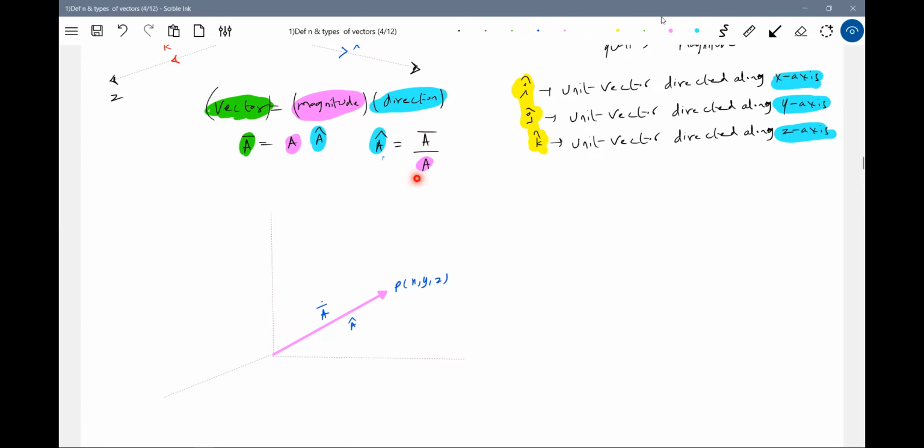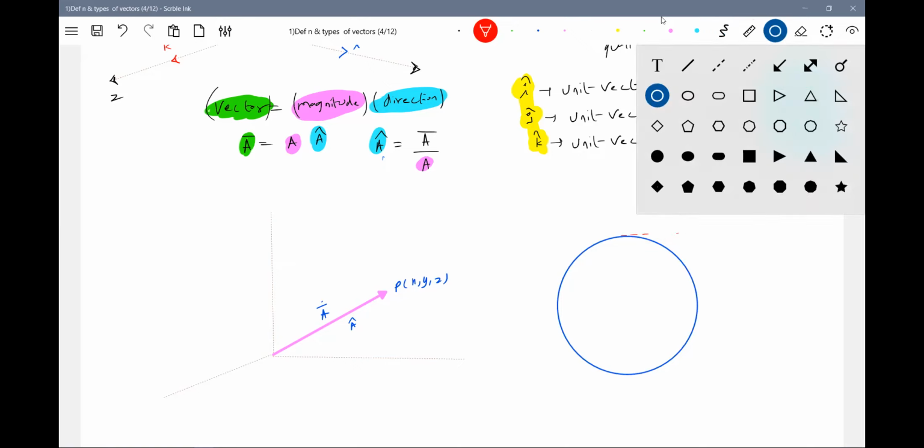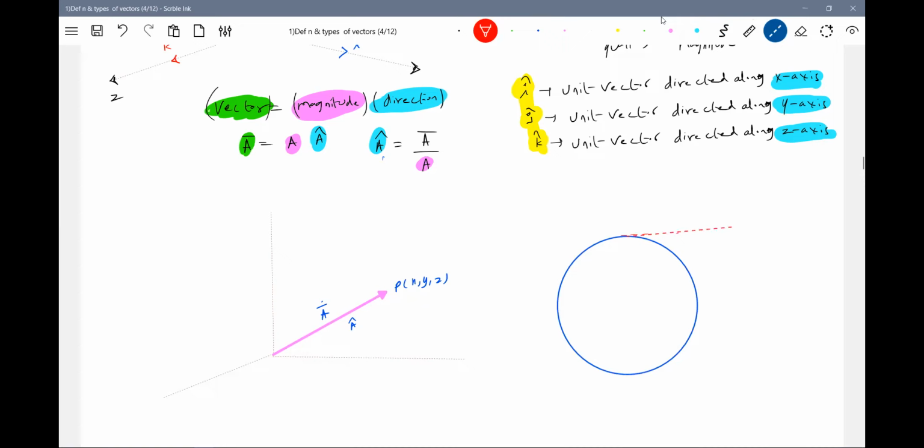There's one very primary thing about unit vectors. Even in circular motion, we define unit vectors. Suppose a particle is moving in a curved path, it will have a velocity. So here we define the unit vectors, one which is tangential, the other towards the center. So this will become En cap, the unit vector directed radially inward.